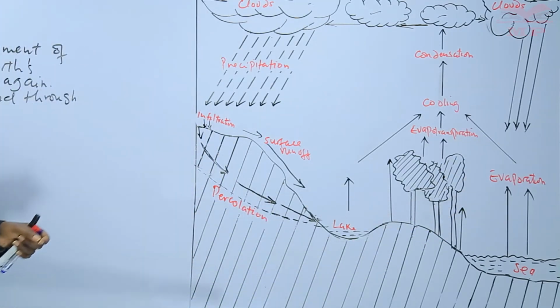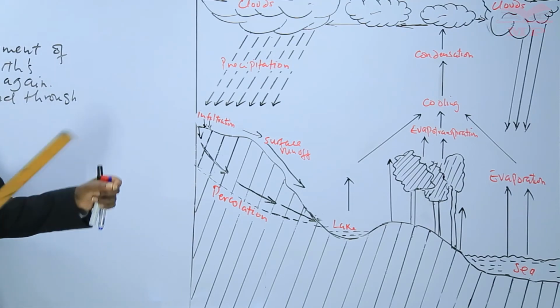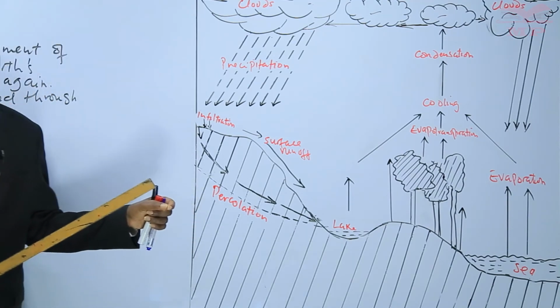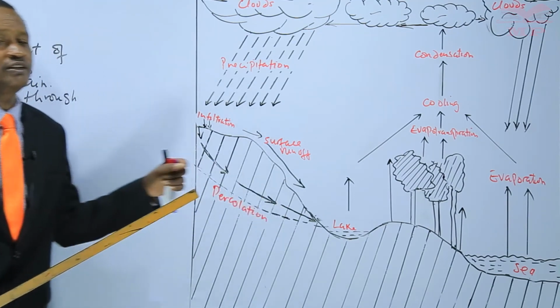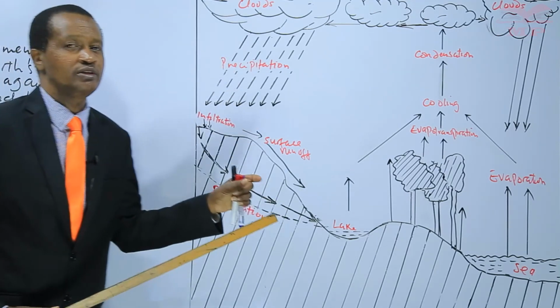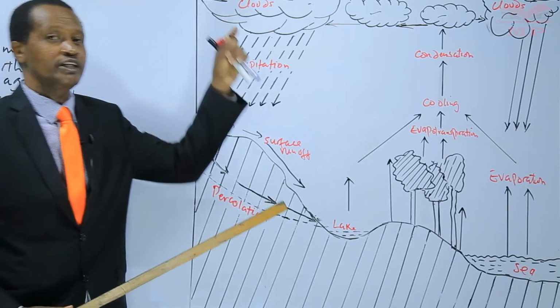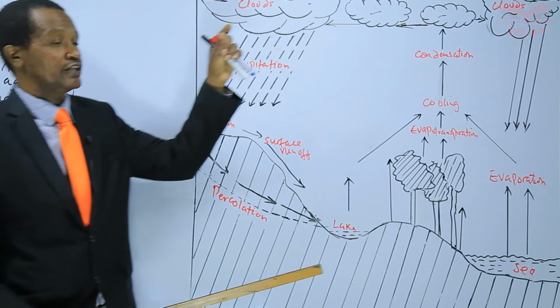Hydrological cycle. And that answers the question, learners, how does it that some rivers never dry? How come it rains all the time without exhausting? We receive rain all the time without exhausting the source.